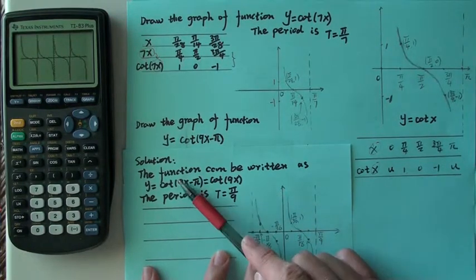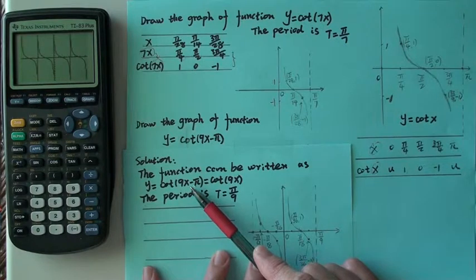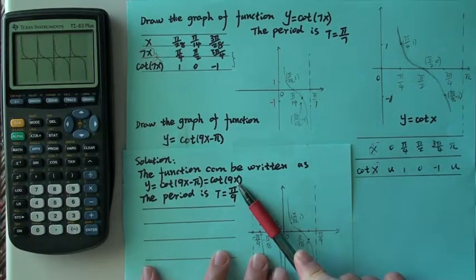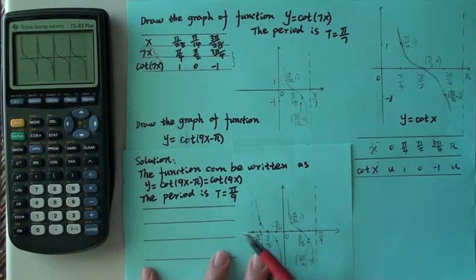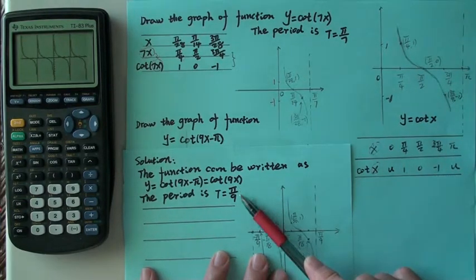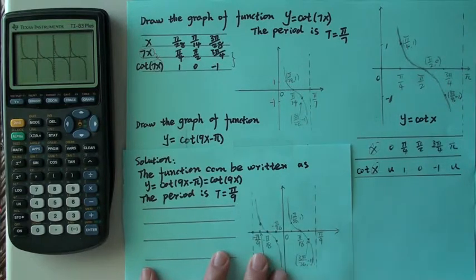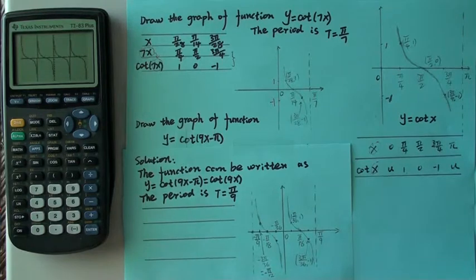So the function can be written as cotangent of 9x minus pi, which is just cotangent of 9x. And then the period will be the period of cotangent, pi, divided by the coefficient 9. Then follow the pattern above.